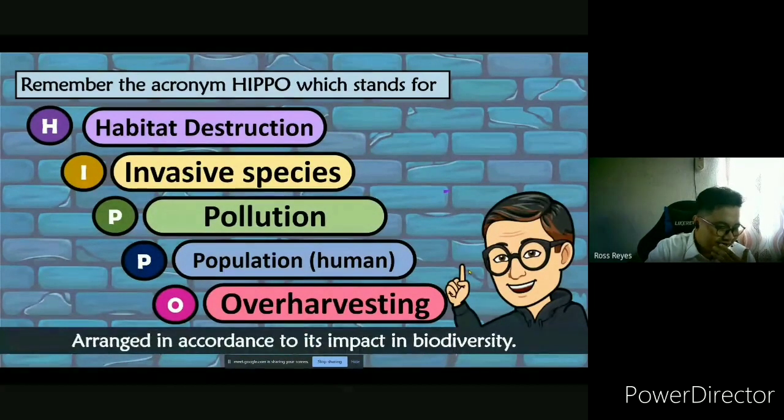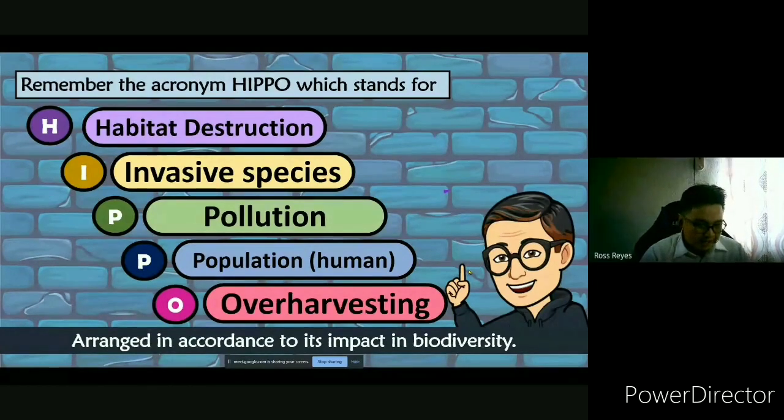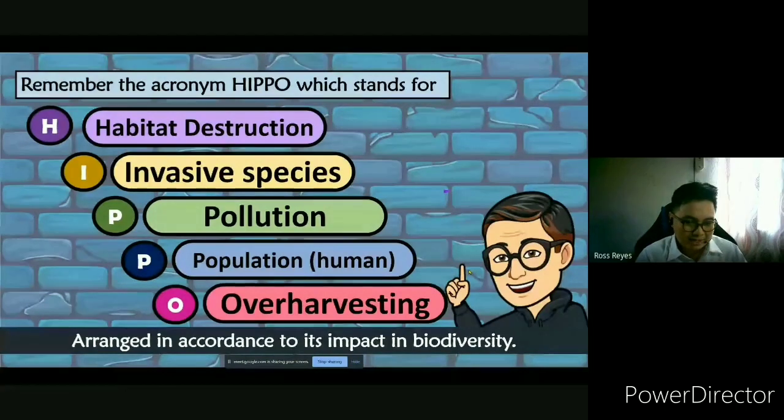The following are arranged in accordance to its impact in biodiversity, meaning to say, letter H is the number one, or habitat destruction is the leading cause of species extinction or the primary factor that destroys biodiversity. So the typhoons, it contributes to habitat destruction, kaingin, and so on, as well as the illegal logging.